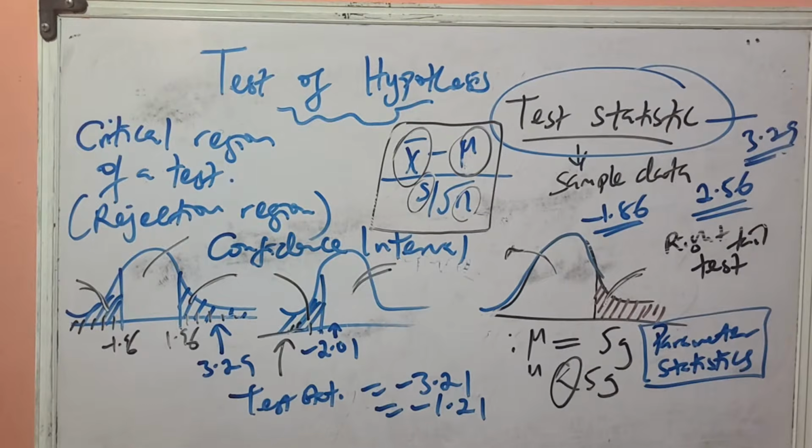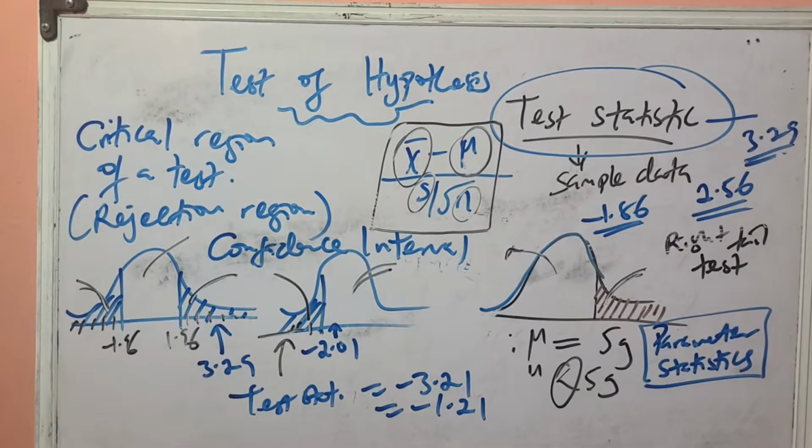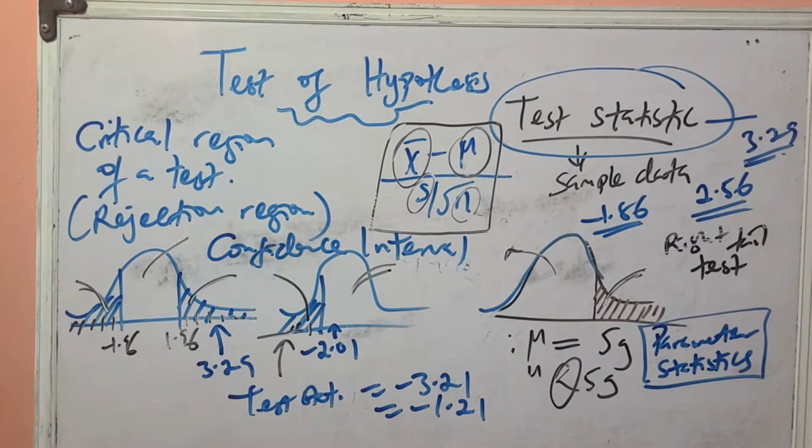All right. Yesterday, we started with test of hypothesis, and just a quick revision right here. I told you guys that this is a very practical aspect in statistics where we have what we call a hypothesis. I define hypothesis as a claim or a premise that we want to test.